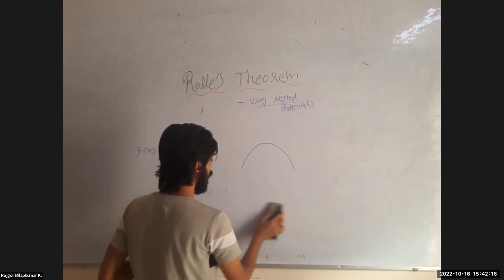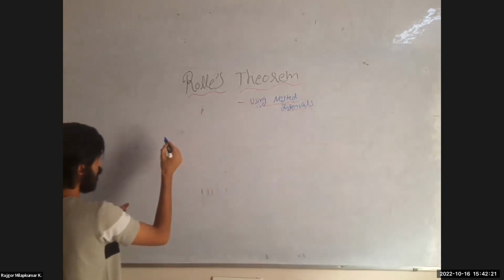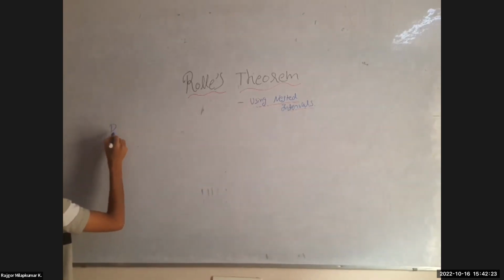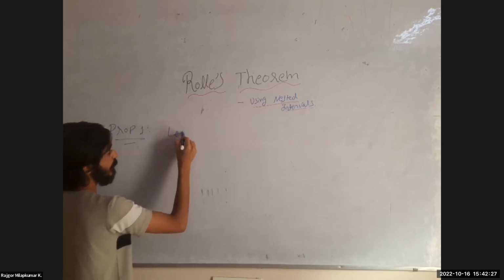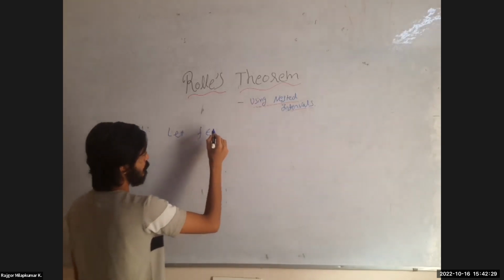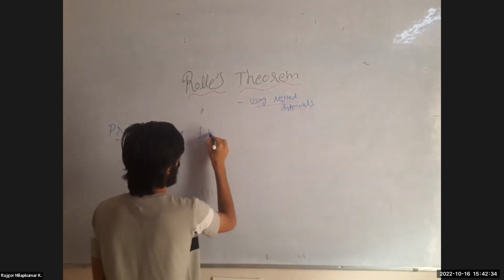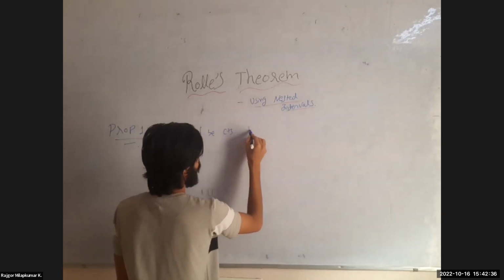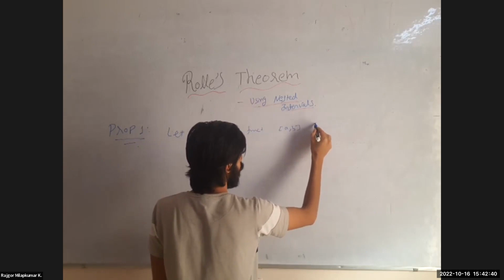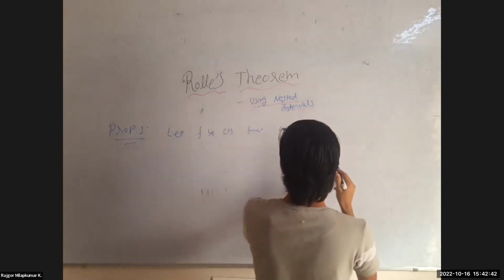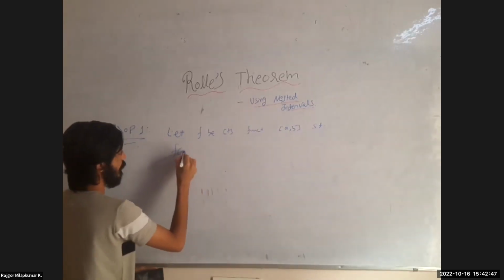So how are we going to construct this sequence? Proposition 1. Let f be a continuous function from the closed interval [a, b] such that f(a) equals f(b).